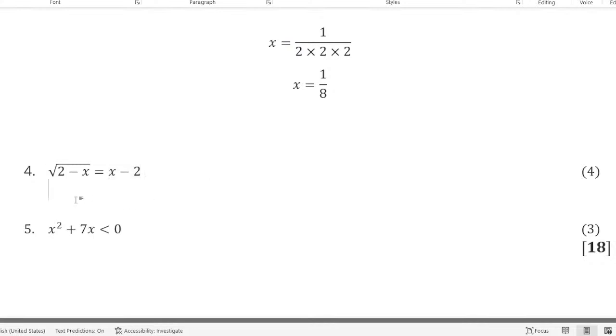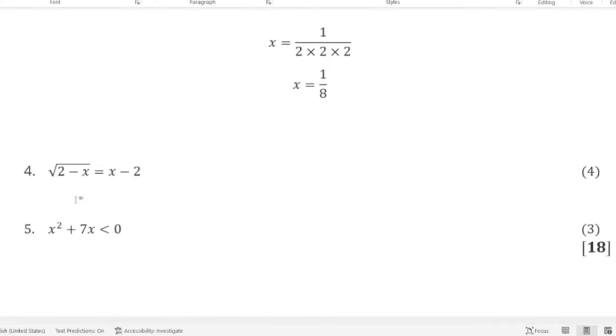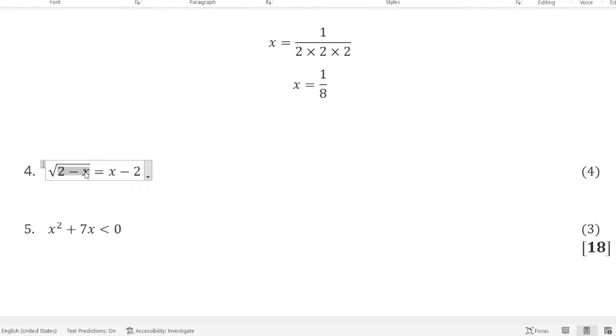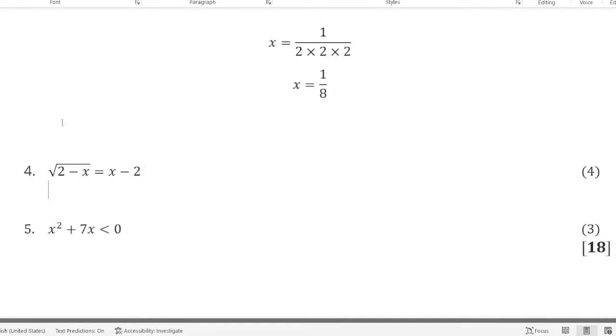So we can write restrictions here. You don't need to write this, but remember, everything under the square root will give us either 0 or anything more than 0. So if you are making restrictions here, we would say x can never be equal to 0.